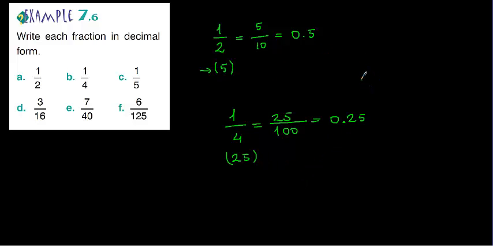Or if I write 1 over 5, 1 over 5 and 1 over 2, we can change their places. I can multiply by 2, so it can be equal to 2 over 10, then it can be equal to 0.2 as a decimal number.